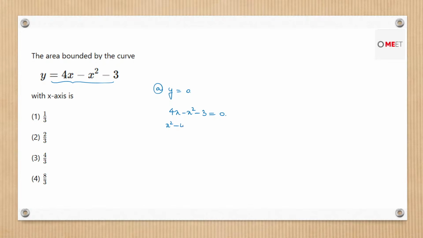This is x square minus 4x plus 3 equal to 0. This is x square minus 3x minus x plus 3 equal to 0. So this is x minus 3 into x minus 1 equal to 0. So limits are from 1 to 3.